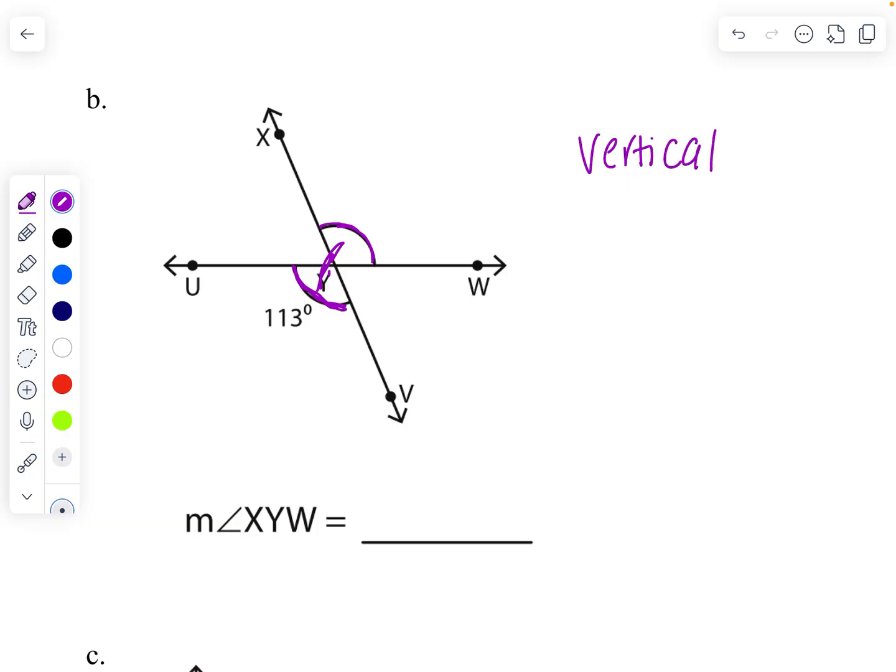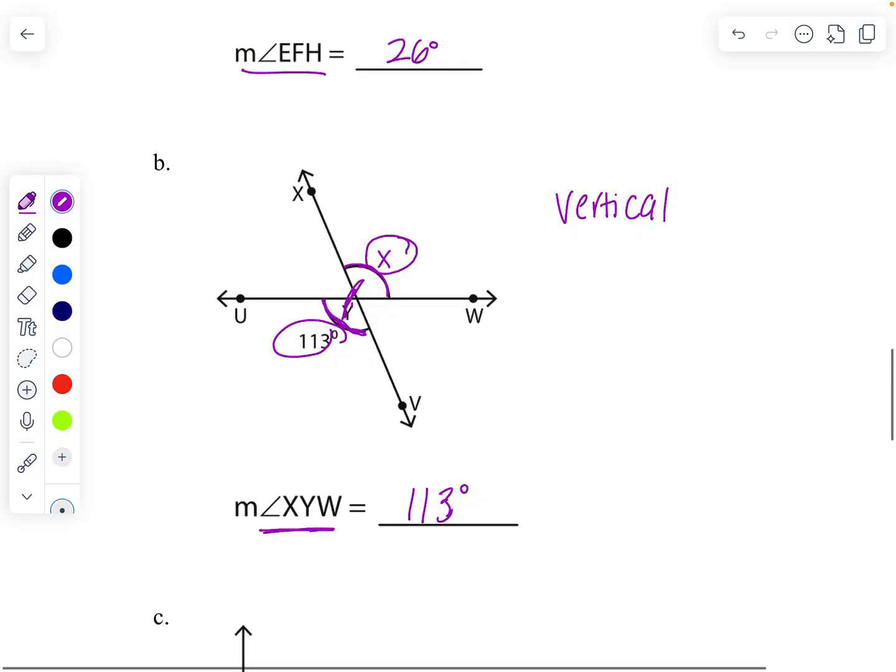And the only thing that we need to know about vertical angles is that they're equal. So here I'm looking for X, Y, W, which is exactly this missing one. I'll call it X right now. But if one of them is 113 degrees, that means the other one also has to be 113 degrees. So there's actually no math involved there.